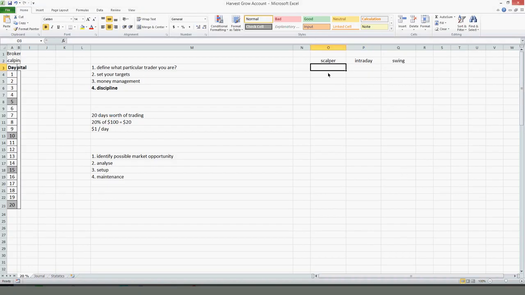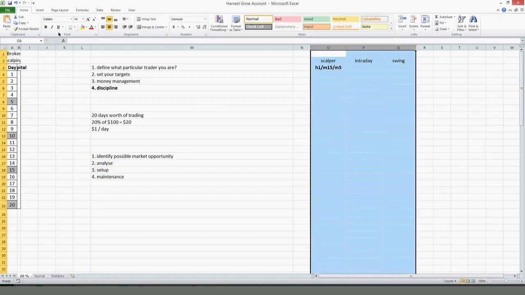If you're a scalper, you should know what particular time frame you should be looking at, because if you're on the wrong time frame, you're going to be in very wrong positions at the end of the day.